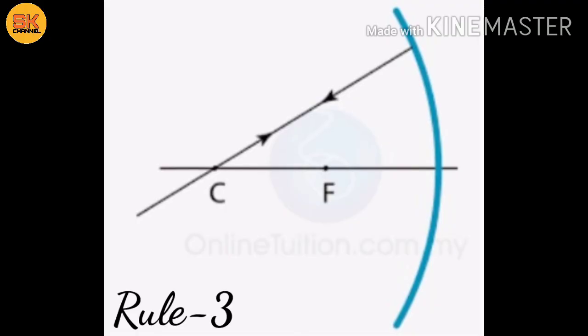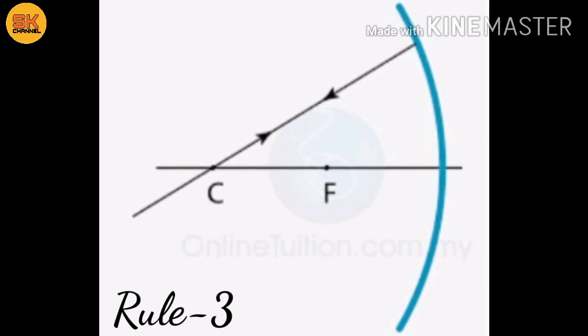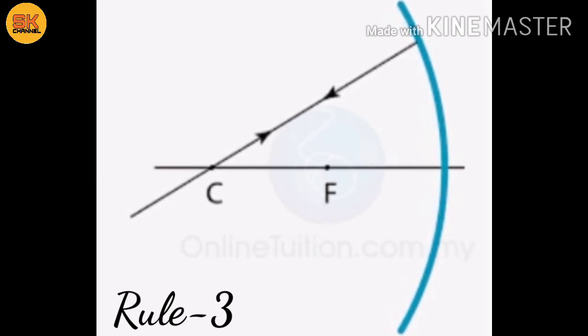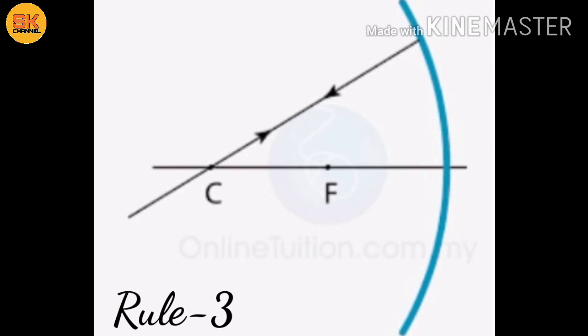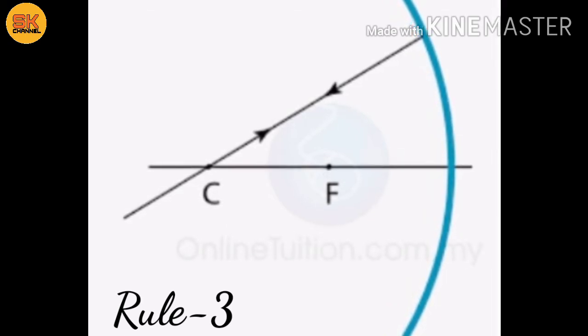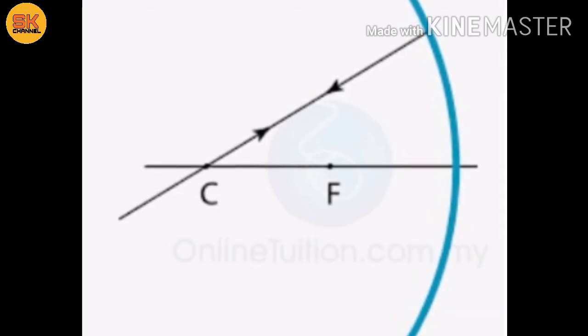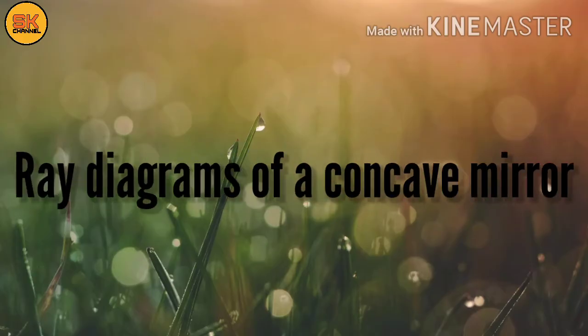Rule 3. Rays coming through center of curvature will retrace their path. These are the three rules to draw ray diagrams of concave mirror. Now, let's discuss how to draw the ray diagrams of a concave mirror.